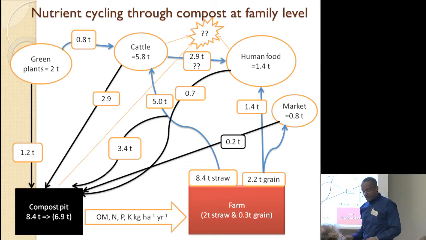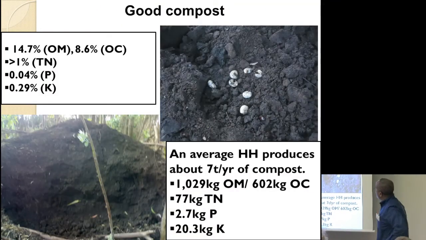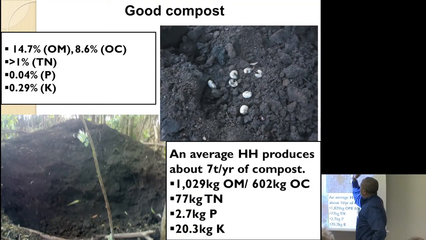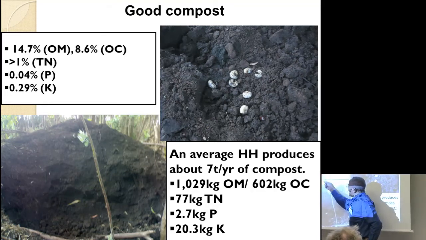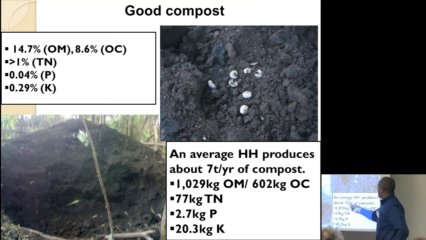That is how he advised me. And with the good quality of compost produced by farmers, what we got is about 7 tons per year of compost per family.